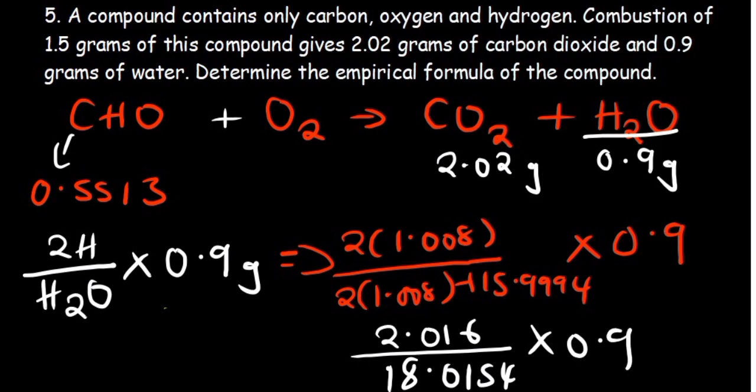So if you multiply that, 2.016 divided by 18 multiplied by 0.9. So what am I getting? For my hydrogen, the mass that I'm getting is 0.1007.